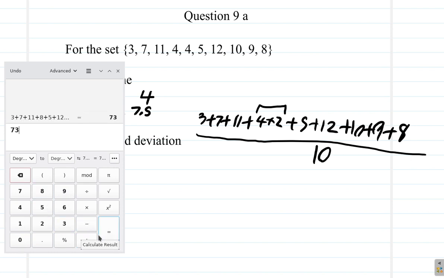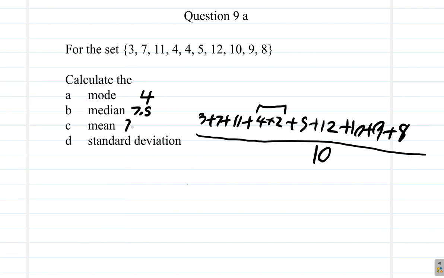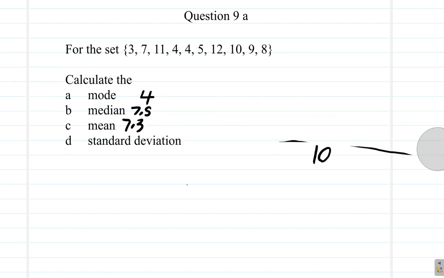We have 73. So 73 divided by 10 is 7.3. So it's 7.3. So here, again with the mean, like the median, you may have all integers, but the mean is a decimal or fraction, right? Here's 7.3.